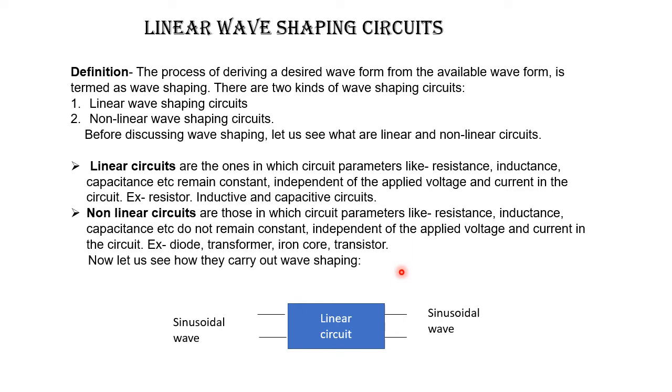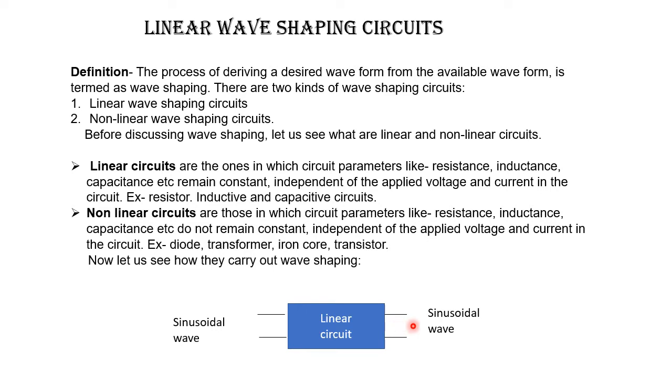Now let us see what happens if a sinusoidal wave is applied to a linear circuit, which we have defined a few minutes earlier. When a sinusoidal wave is applied to a linear circuit, it does not change its shape.